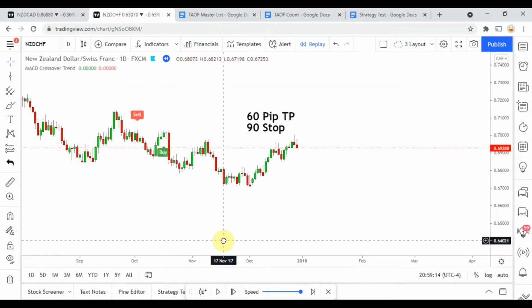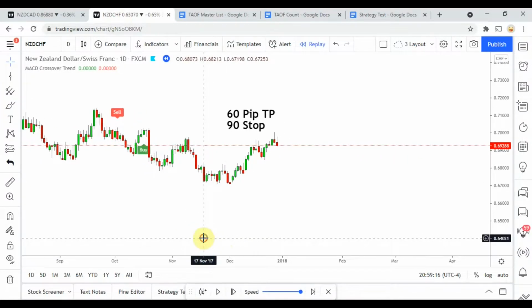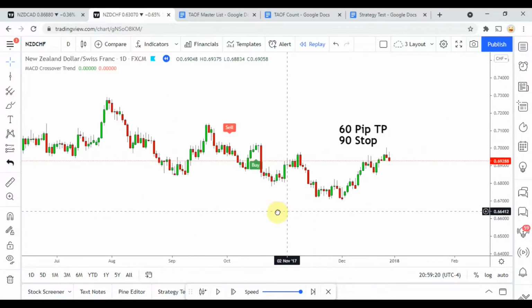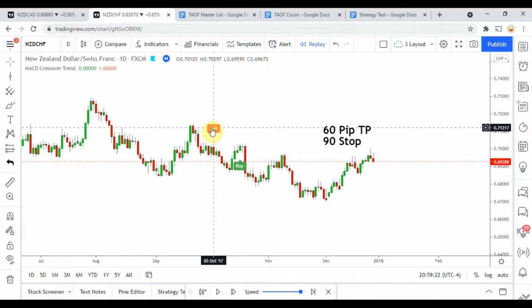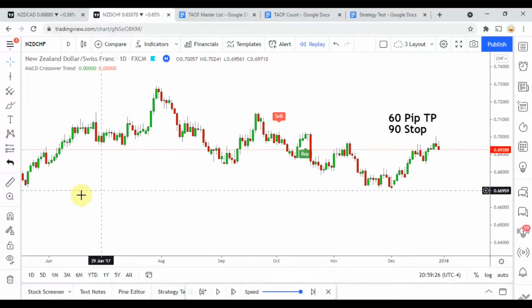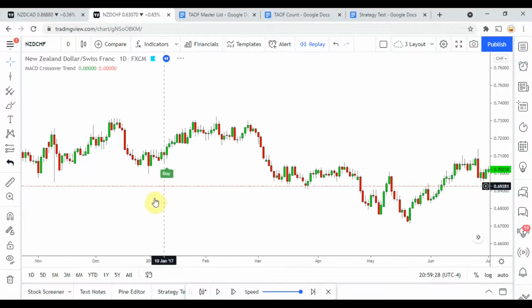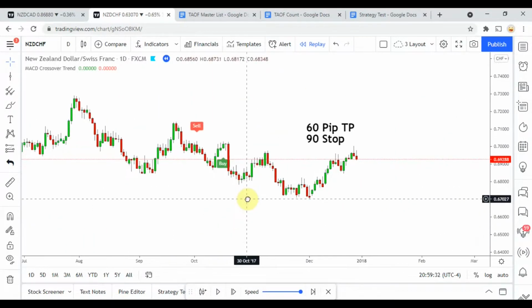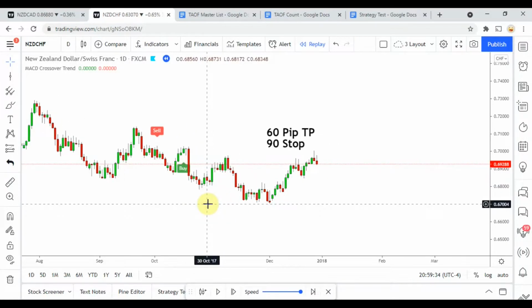Okay, so today's indicator is the MACD crossover trend indicator, and you can see it here on screen. You can see these labels here where it puts sell or buy signals. The setup on this is obviously pretty easy.